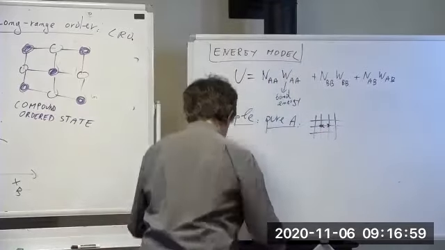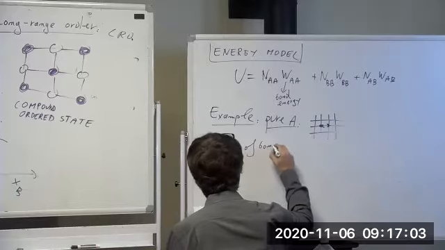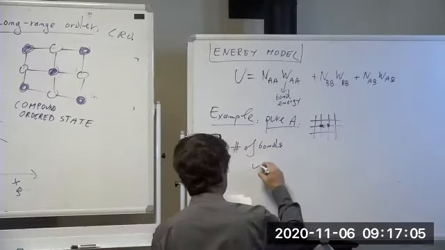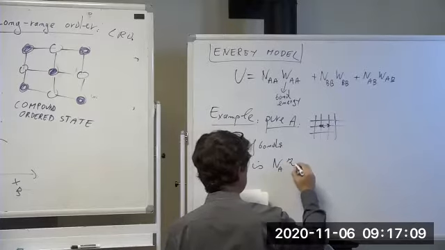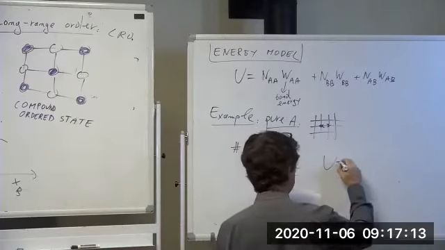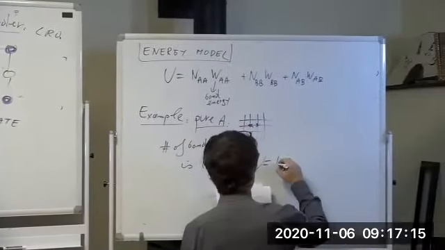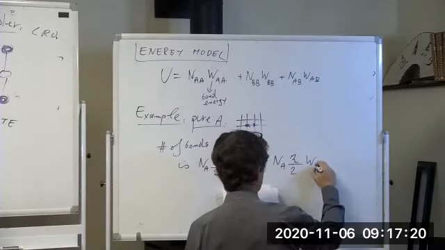So the number of bonds is the number of atoms times Z, which is the coordination number, divided by 2. So that means the energy of pure A in this model is NA times Z over 2 times WAA.